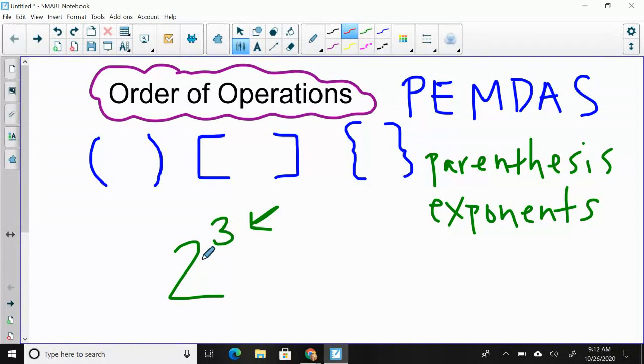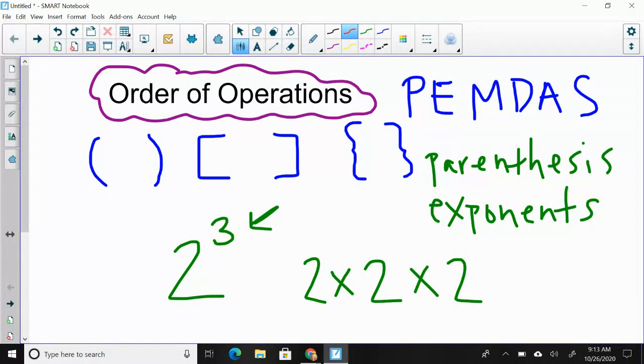2 times 2 times 2, if I wrote it out like this, would be what? Kaylee? 8.